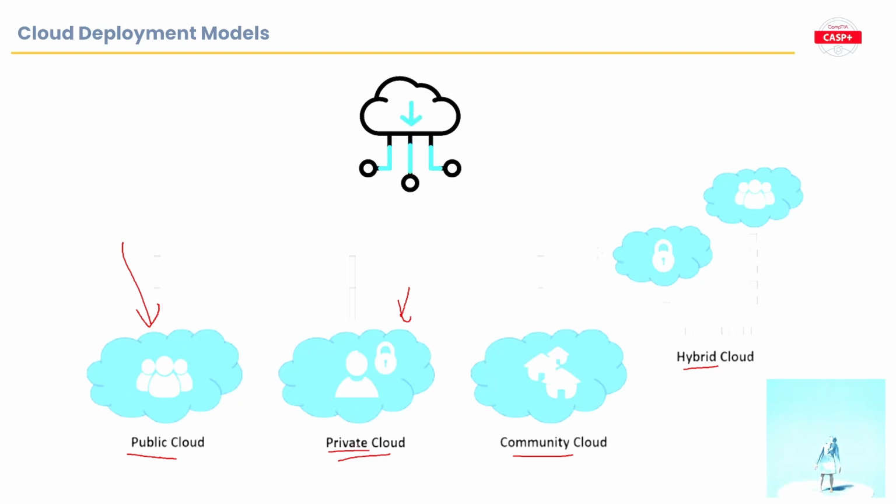All right, so we covered public and private. Now we talk about community cloud. In order to meet the needs of a specific group of businesses, a community cloud was created. It is common for community clouds to be industry specific, such as in healthcare, energy, or government. Community clouds allow businesses to collaborate in a cloud environment while ensuring a high level of security.